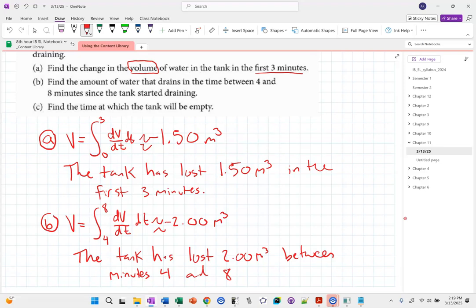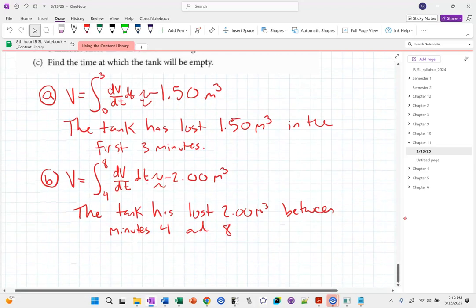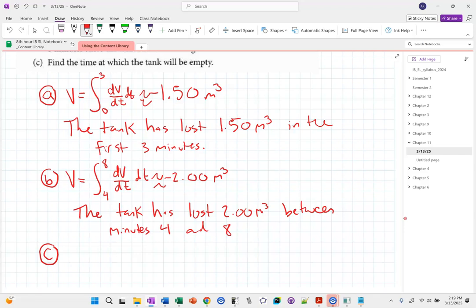All right. Part C says, find the time at which the tank will be empty. It said there was 10 cubic meters in it to start. So you can do two things.